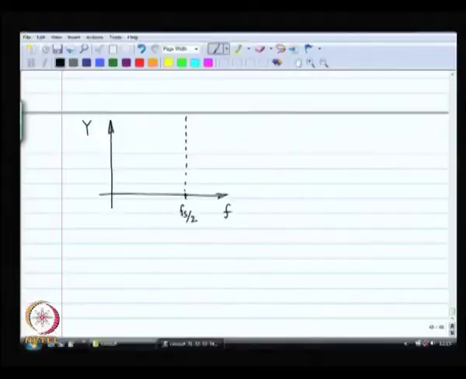What you are going to see is that because the loop filter passes the signal and cuts out the noise, the output of the sigma delta modulator will look like this.